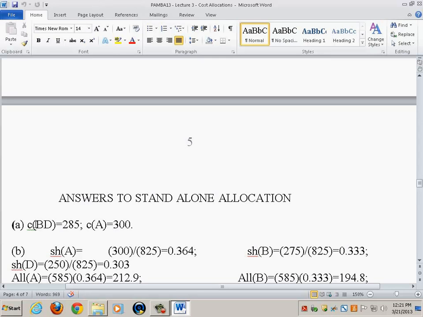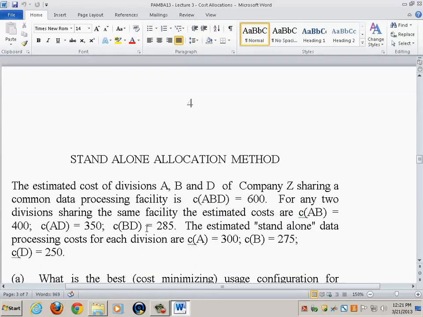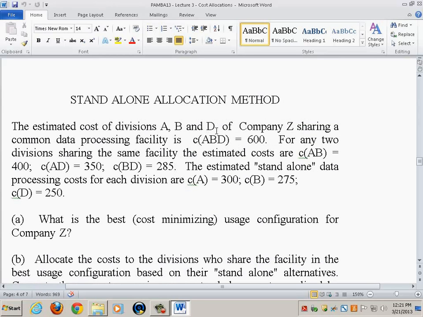Why? Because B and D will incur $285 million in cost. A will incur 300. Together it's 585. If you check all the combinations, it's the best that you can do. It's even better than the 600 of all of them sharing the facility. They save $15 million.